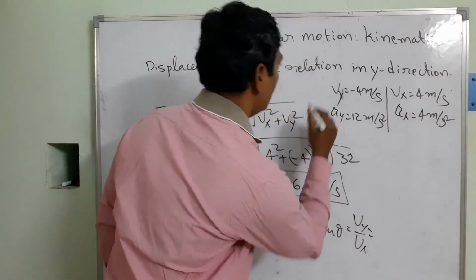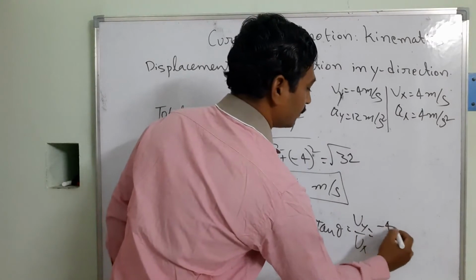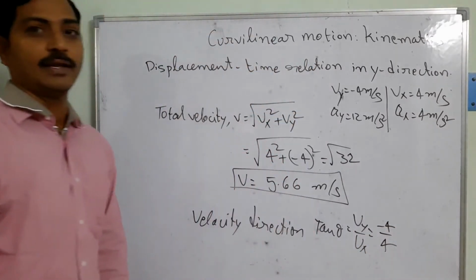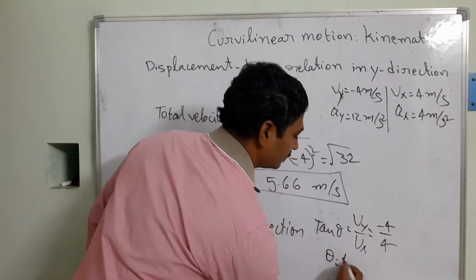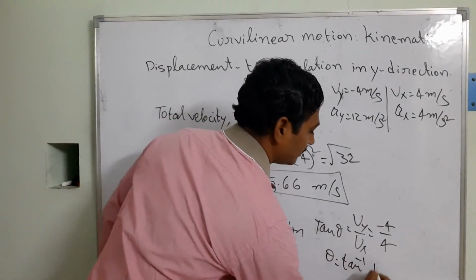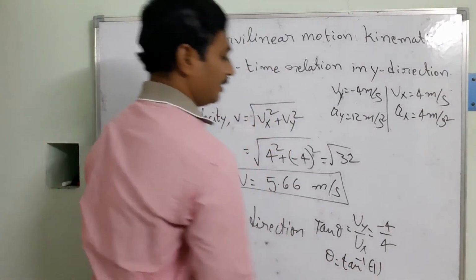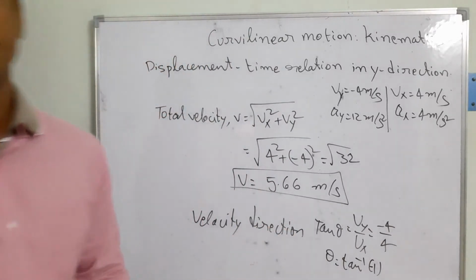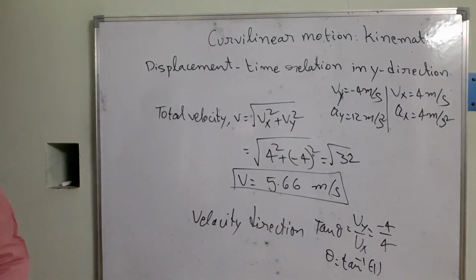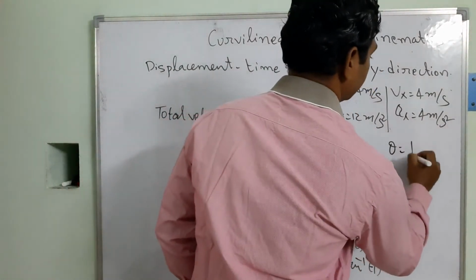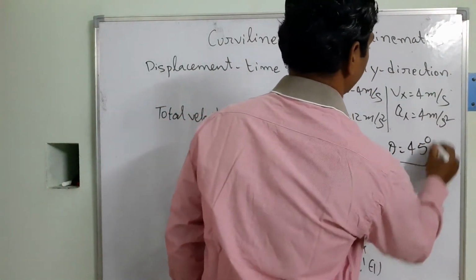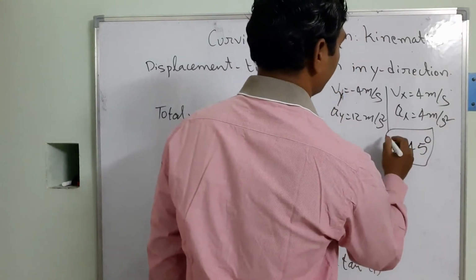So we are going to be getting minus 4 by 4, and from this one I am going to be getting theta is equal to tan inverse of minus 1. Okay, so finally what is the theta value? From this one I got theta is equal to 45 degrees. That means this is the velocity direction theta.